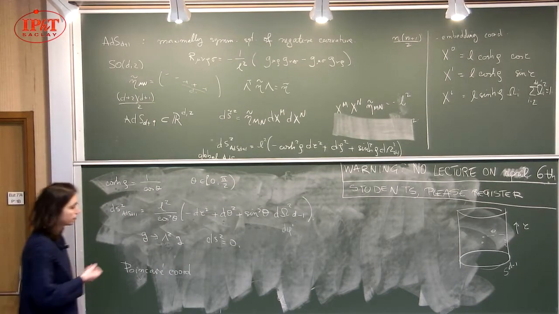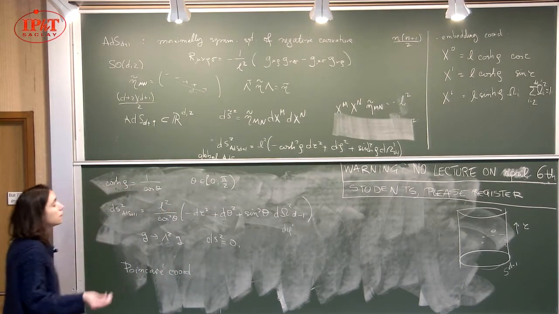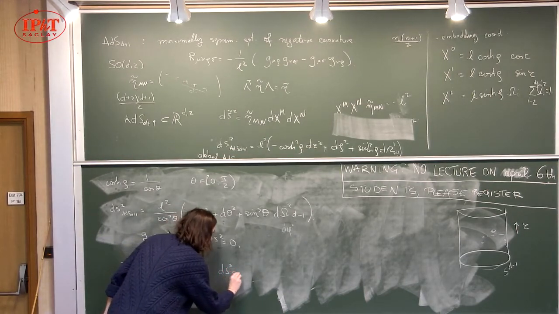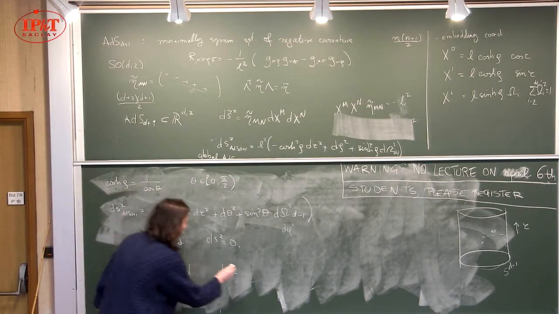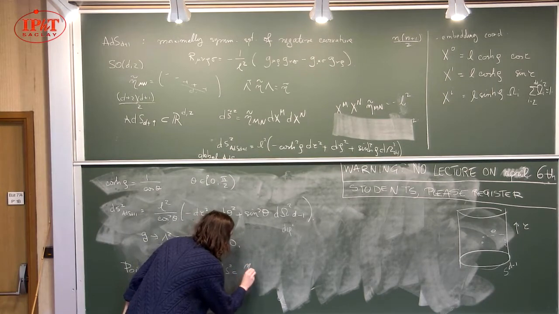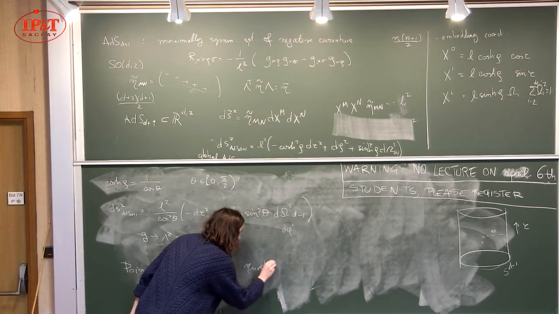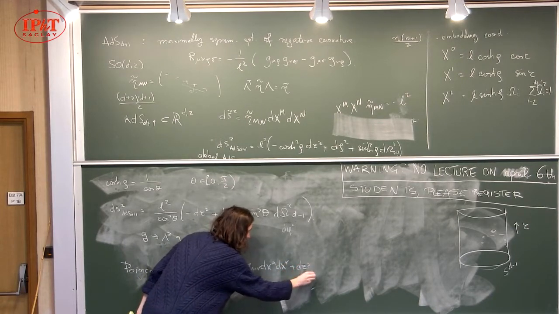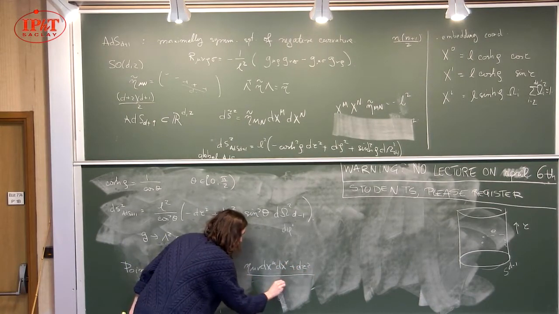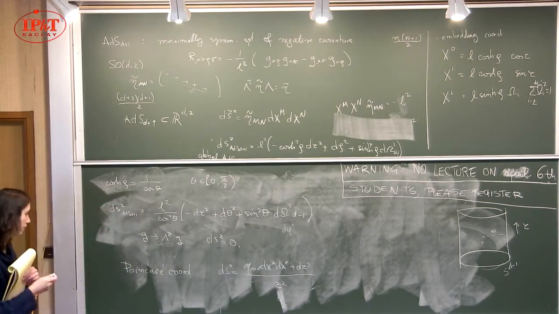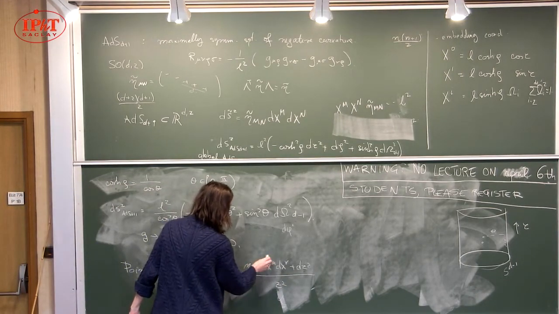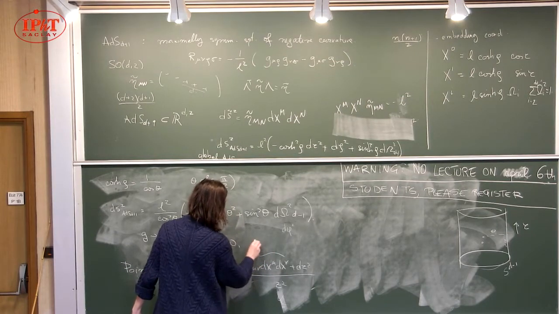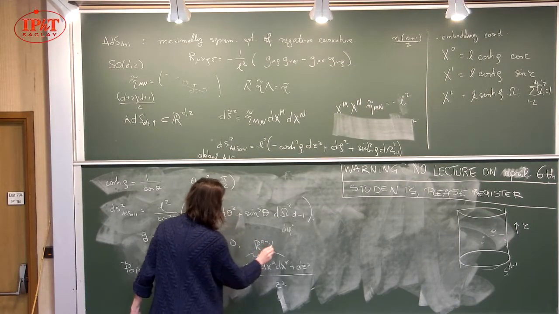What's nice about them is that they make certain isometries very manifest. So the metric of AdS in Poincaré coordinates looks something like this: eta_{mu nu} dx^mu dx^nu plus dz squared, over z squared, where eta is the metric on Minkowski space, R^(d-1,1).